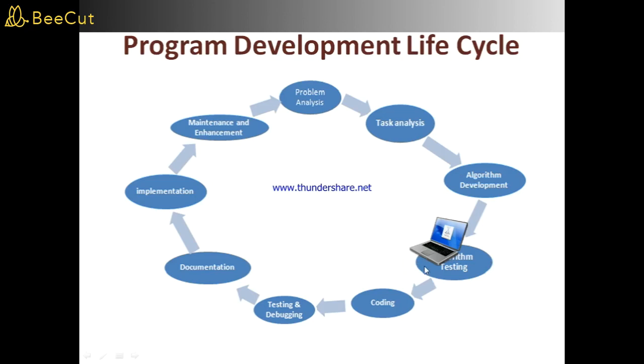The purpose of this algorithm testing is to identify the major logical errors. Any kinds of errors that may occur, we need to test for in the early stages, because it is very difficult to detect errors and correct them at later stages. Once the coding has been finished, it is very difficult to find errors in an algorithm.